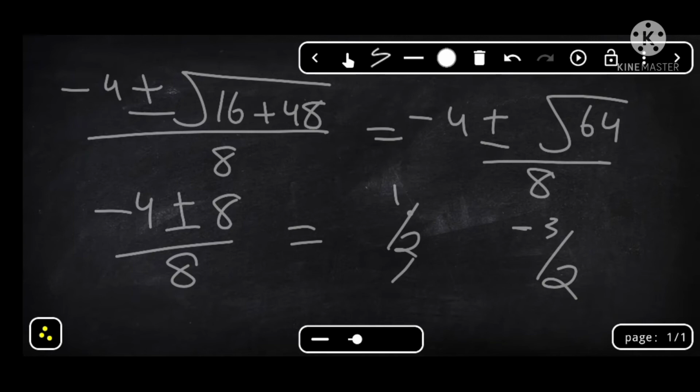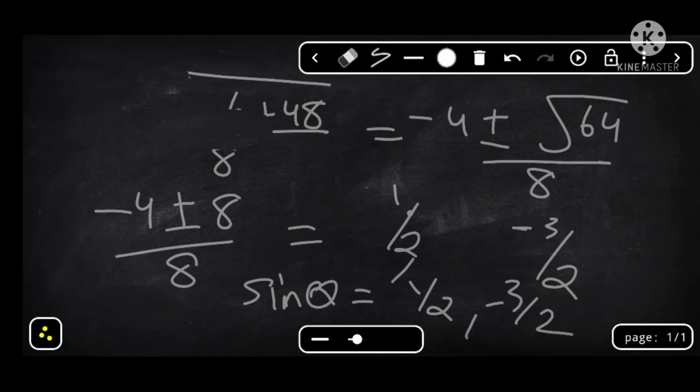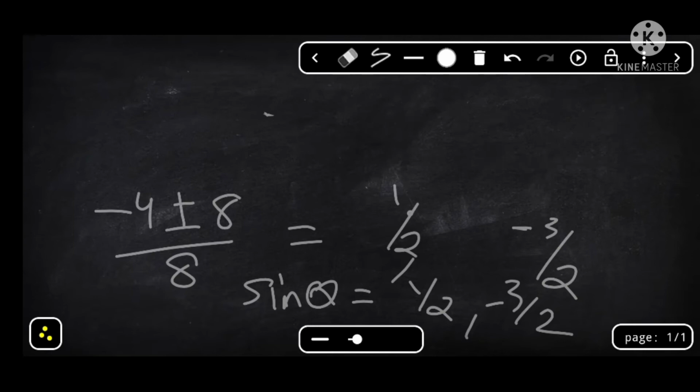Yes. So now what will be our theta value? So we got sine theta as 1 by 2 minus 3 by 2, right? So what will be theta? To get theta we just need to take the sine inverse.